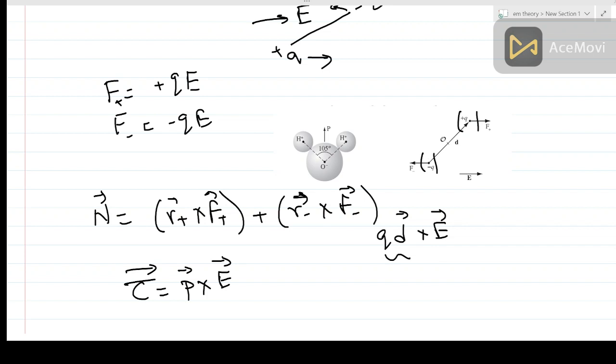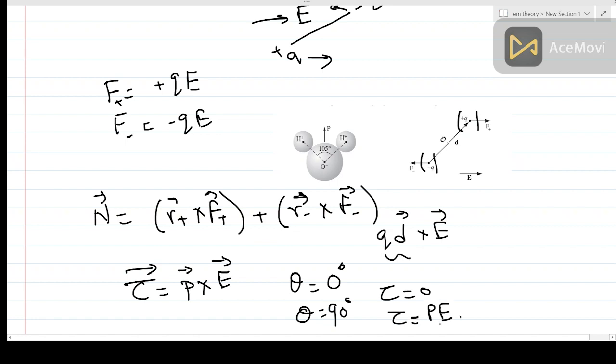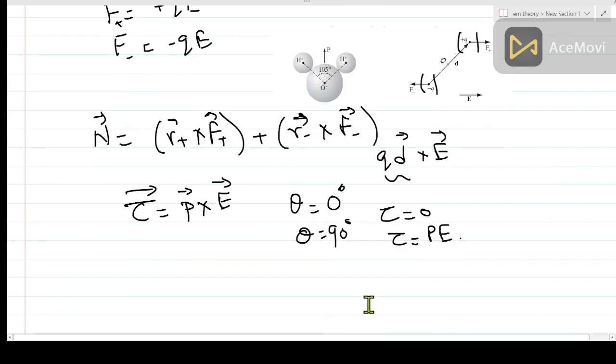If the field is uniform, and P and E are oriented at an angle of 0, tau will be 0, and if theta is 90 degrees, tau will be maximum, that is PE. Now how is it related to the microwave?